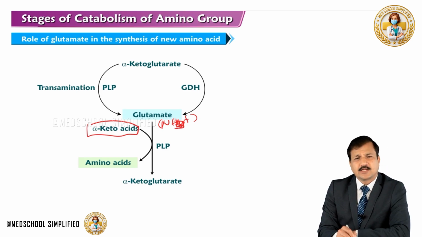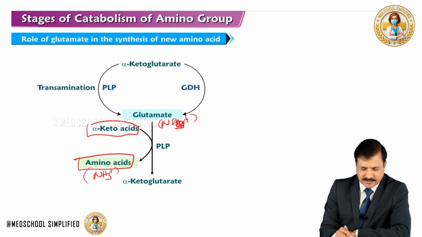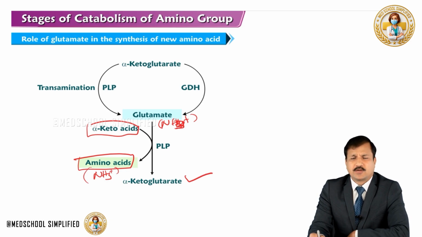And once an alpha-keto acid accepts that amino group coming from glutamate, the alpha-keto acid becomes an amino acid, and the amino group is now present in this, and glutamate carbons will be released as α-ketoglutarate. Like this, a new amino acid can be made using the amino group nitrogen of glutamate.